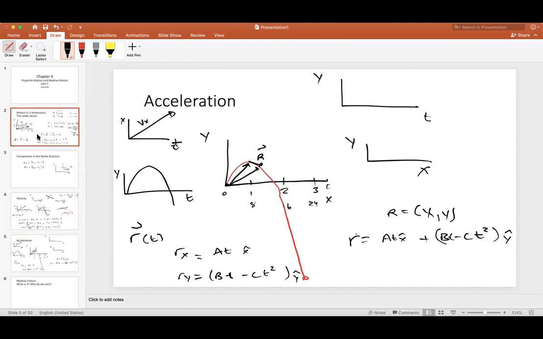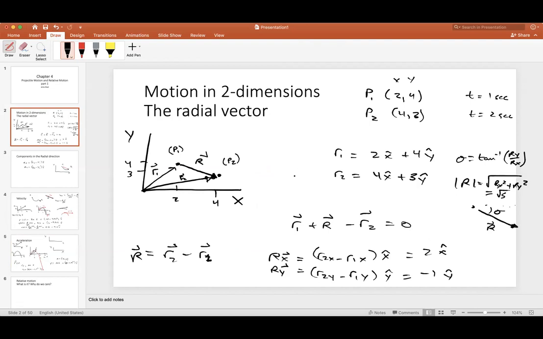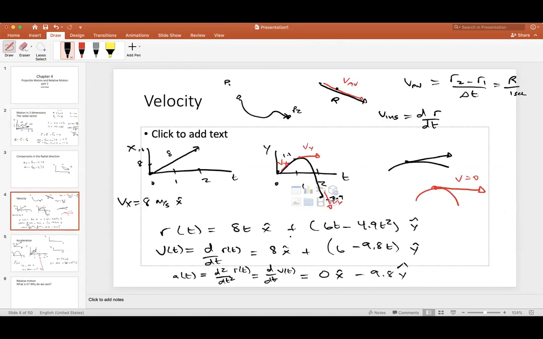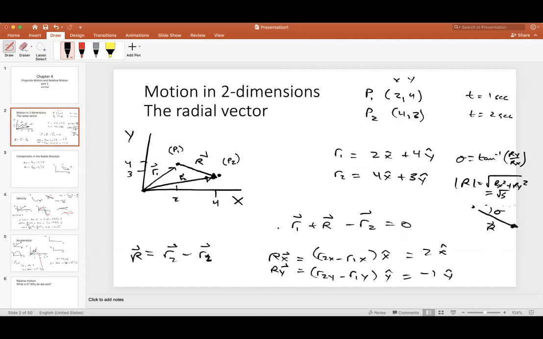The only thing to really pay attention to is this slide, that you have R. You can find the components of R from this stuff. Or, secondly, if you're given an equation, R of t, you can take the derivatives of it to get the velocity, and the second derivative to get the acceleration, but you can also break it up into an Rx and an Ry.